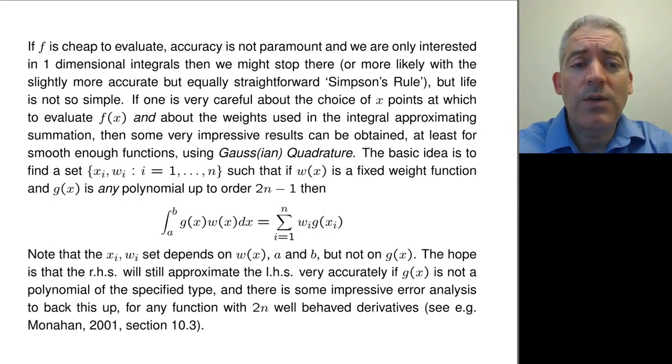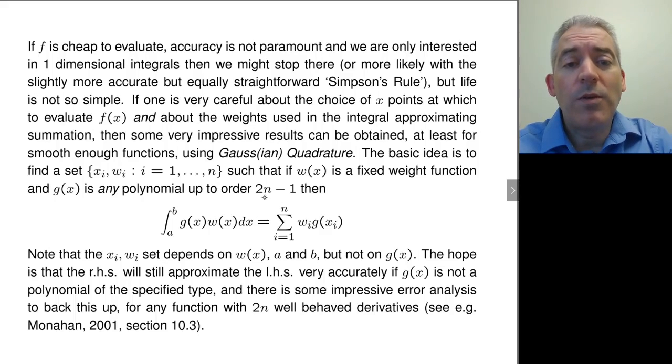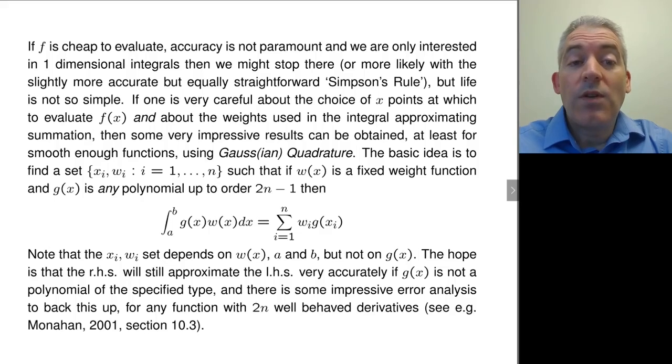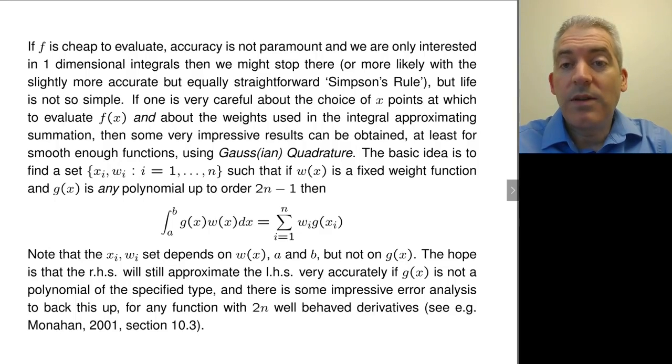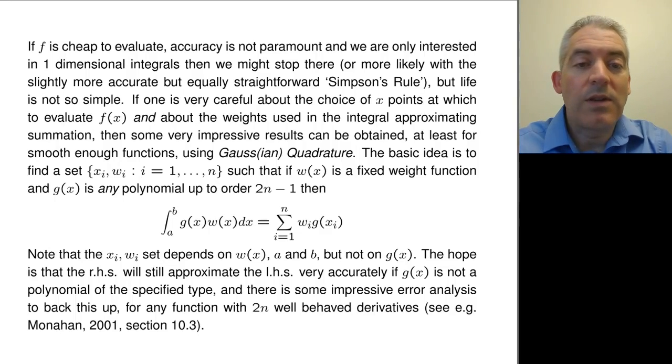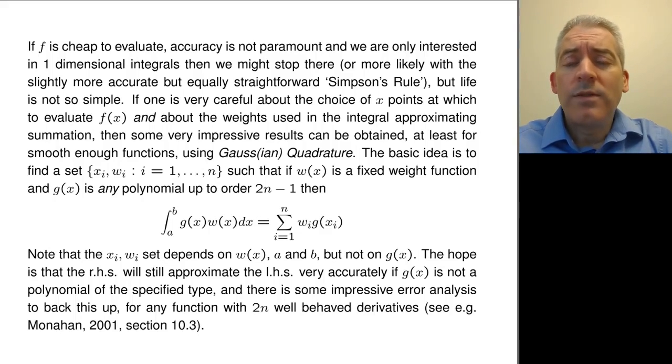So you could say, okay, can I, for polynomials up to order 2n minus 1, do this on the basis of n function evaluations? And the answer is you can, which is probably a bit surprising, but it turns out that you can. So just to make sure we know what that means, suppose n was 1.